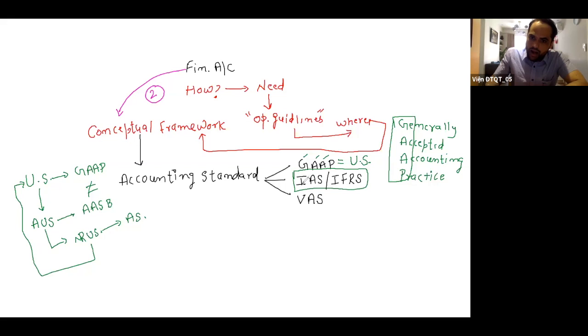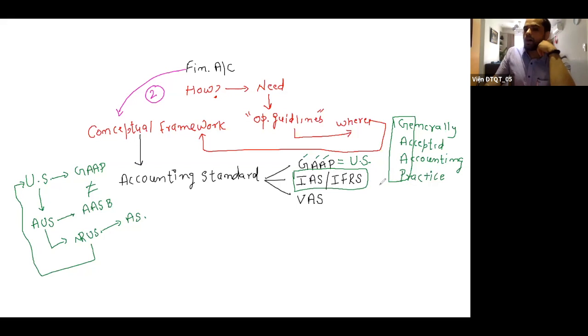That's called IAS or IFRS. IAS stands for International Accounting Standards. IFRS stands for International Financial Reporting Standards, right?